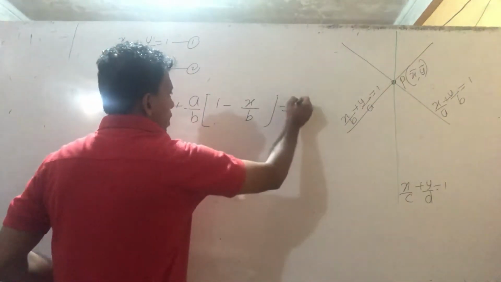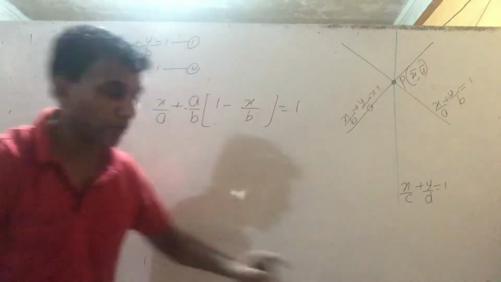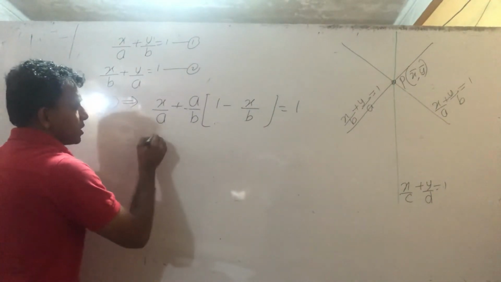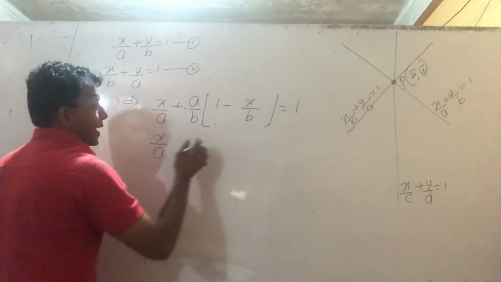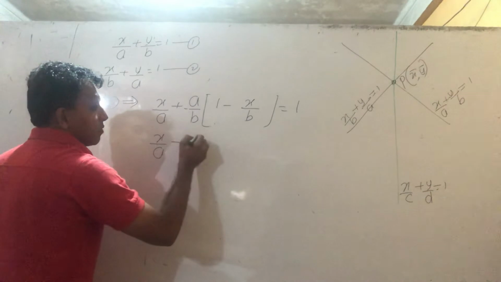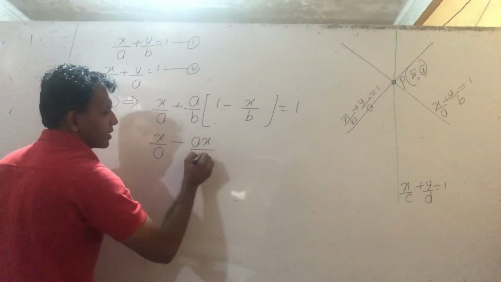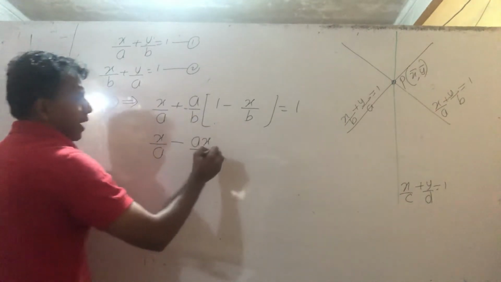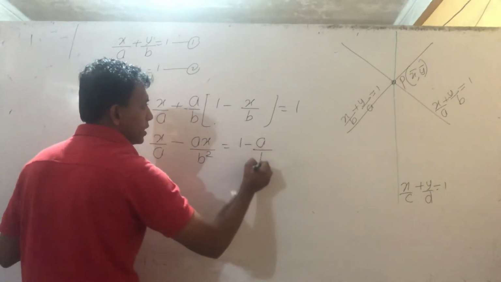Now here you can find the x value, or I mentioned x bar, right? So solve this x over a. If I multiply the bracket, minus a x over b square, something like that. Check that. And here 1 minus a over b.